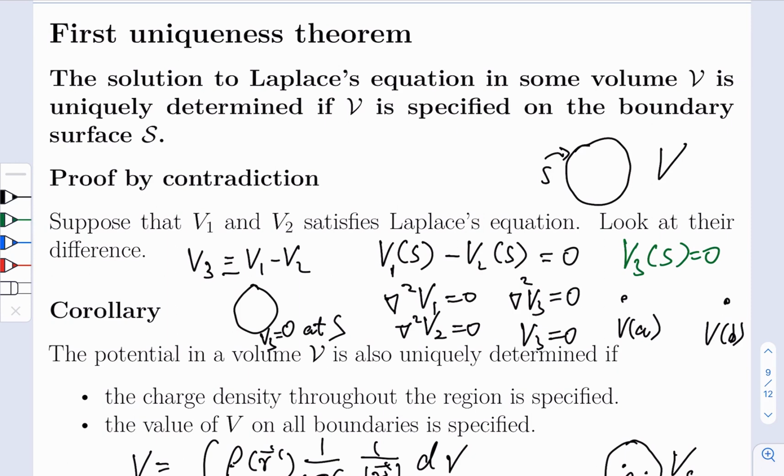Because V3 is 0 at the surface, the minimum of V3 across the volume should be 0, and the maximum of V3 across the volume should also be 0, which means V3 is 0 everywhere. This means V2 and V1 are really no different, and they are the same solution.